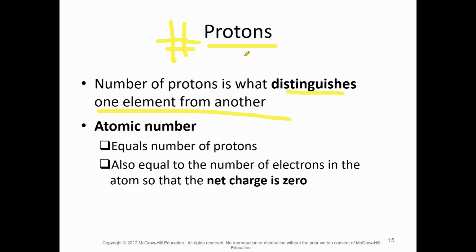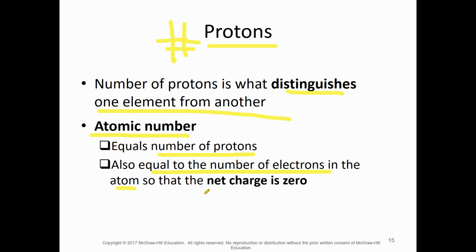And how can we figure out how many protons a particular atom has? Well, we look at the periodic table and we are given this thing called the atomic number. The atomic number equals the number of protons, but it also is equal to the number of electrons in an atom, because atoms are electrically what?